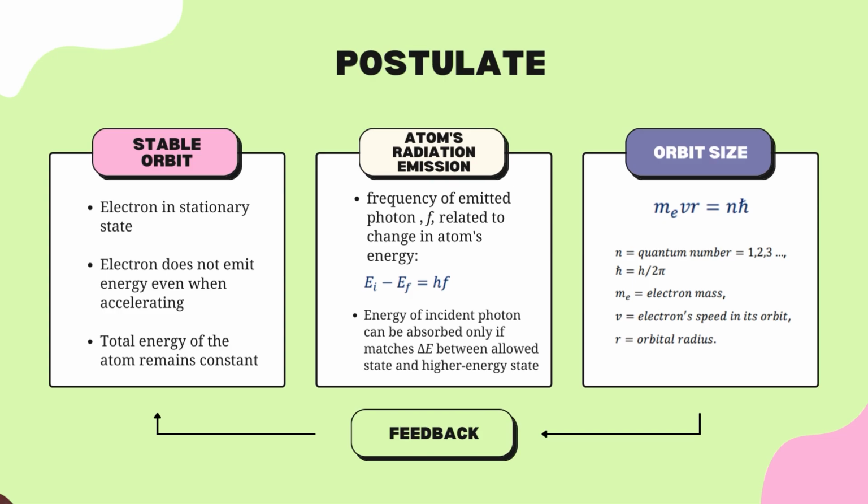The size of the allowed electron orbit is determined by the electron's orbital angular momentum, shown by the equation, which explains that it is dependent on the quantum number of the orbit the electron is currently in, the electron speed in its orbit, and the orbital radius of the atom.